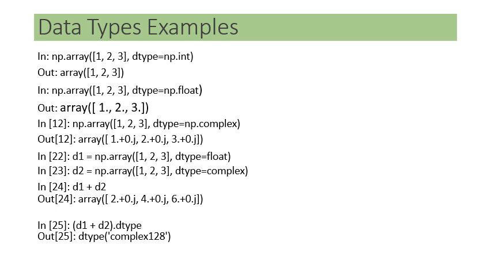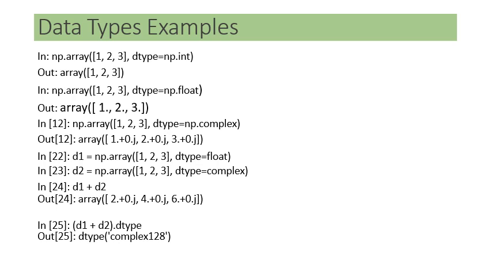At line number 12, you can put np.array of 1, 2, 3 with dtype np.complex, and the output array can be 1.+0.j, because there are complex numbers behind it, and 3.+0.j.